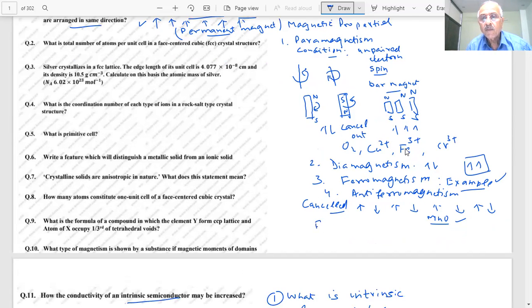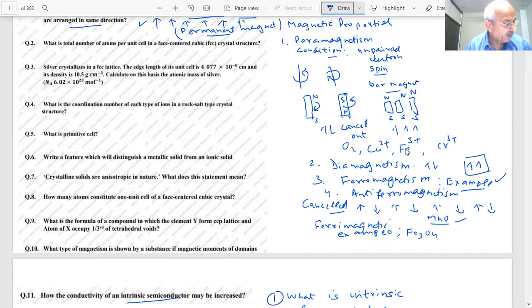Example, student. Example is more important. Fe3O4. Then the second one, usually, ferrites: ZnFe2O4. At least one or two names should be known to a student.